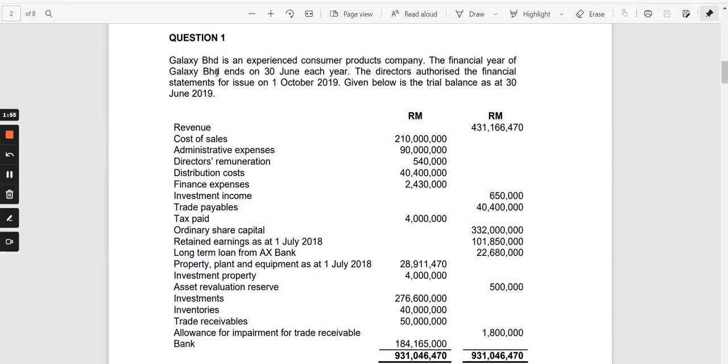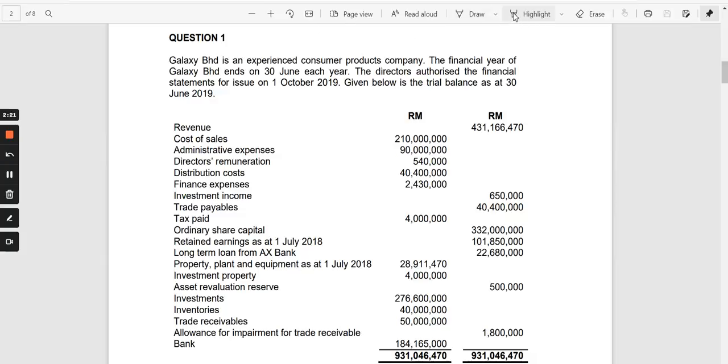So the MFRS that you may have to cover in this preparation of financial statements is whatever you have learned in FAR 160, 210, and of course what you cover in this particular course, FAR 270. The company is focused on consumer products.